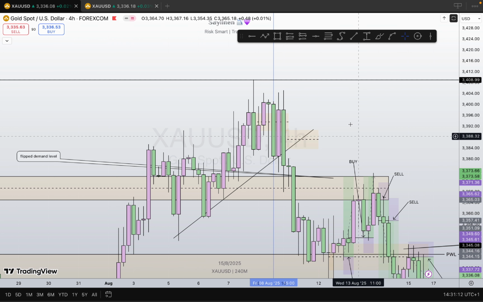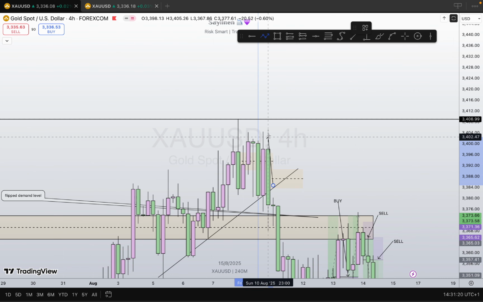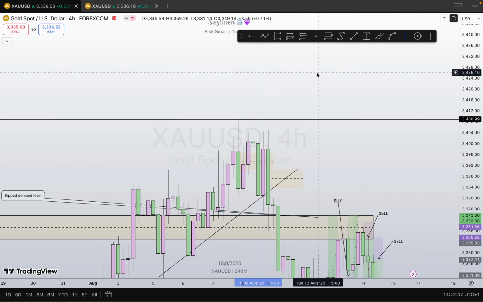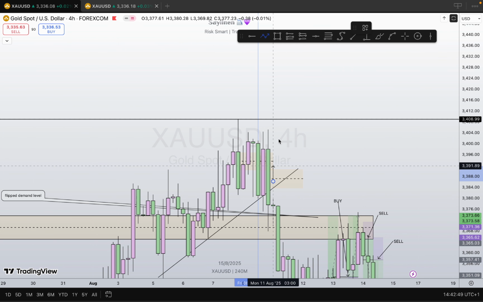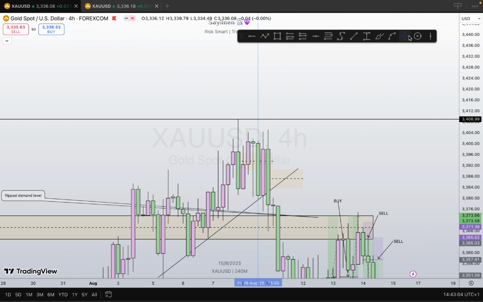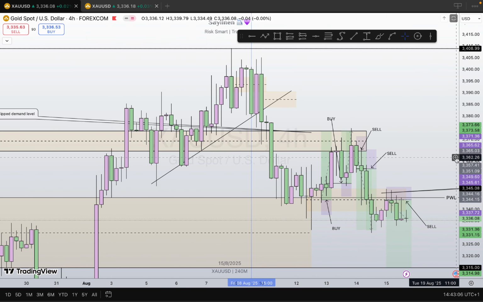What I said was that if price fails to close above this 3400 level from this candle right here, then we'll see a fallback that will close below, probably retest where it broke out from and then sink. As we can see, that is what actually happened with the week.